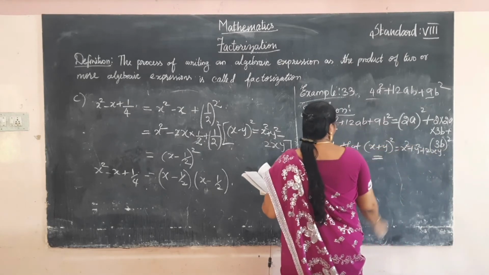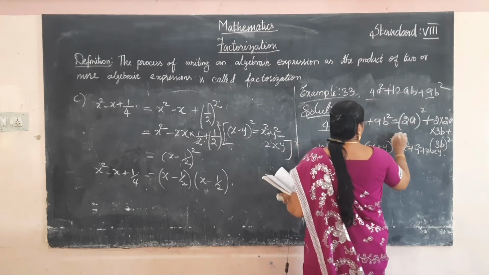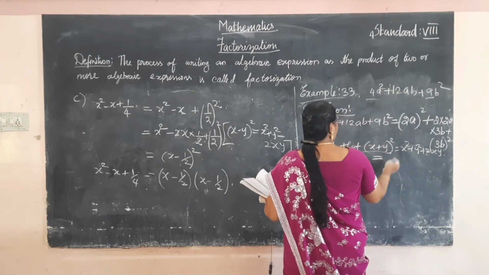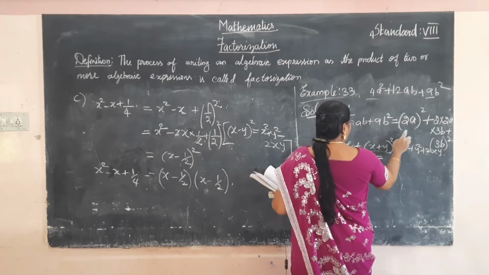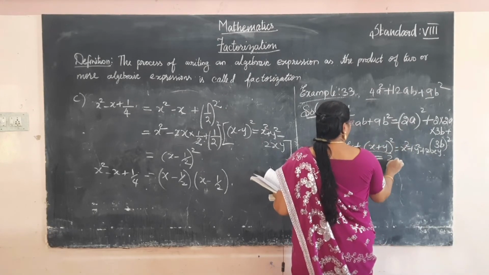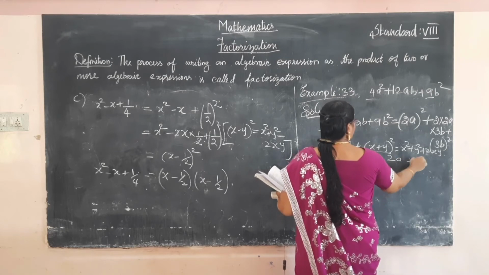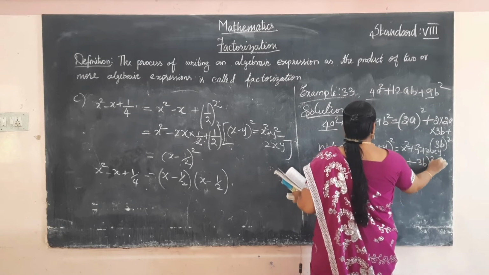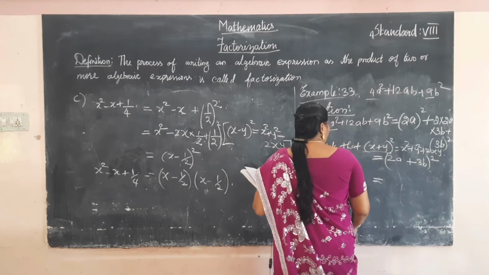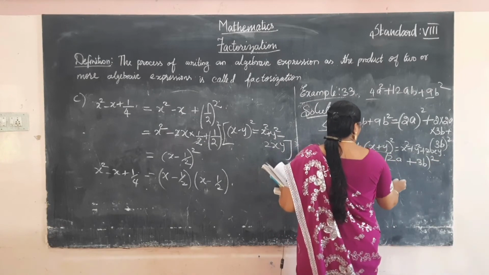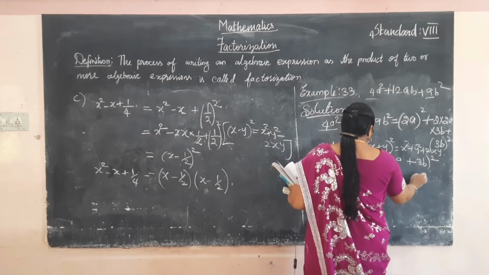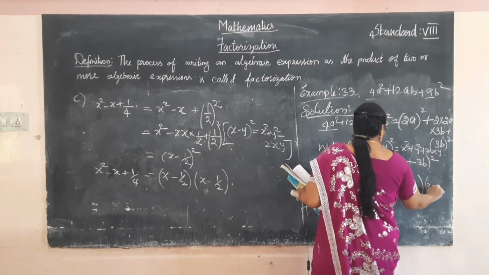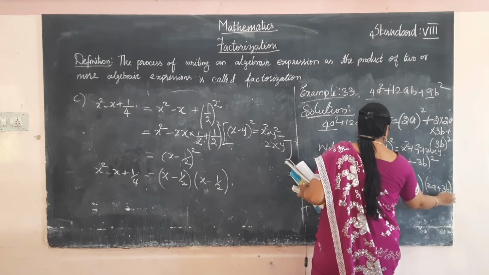So it is in this form. What is the x value here? 2a, plus the y value is 3b, the whole square. Therefore, it can be written as 2a plus 3b into 2a plus 3b.